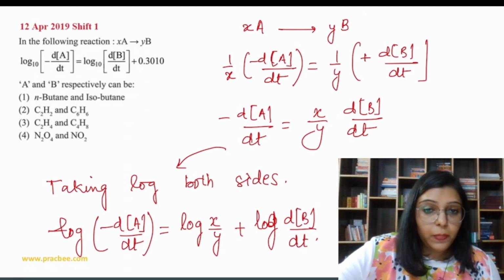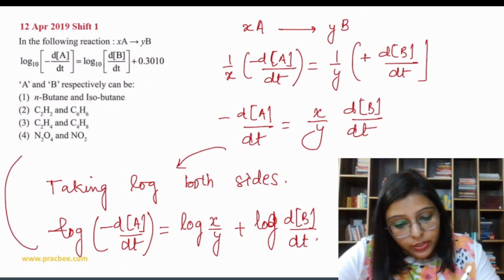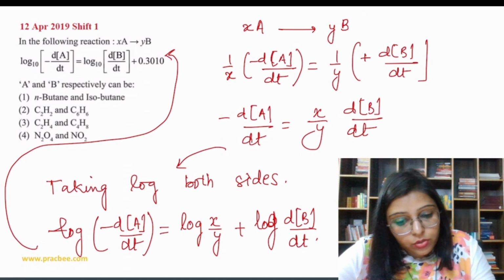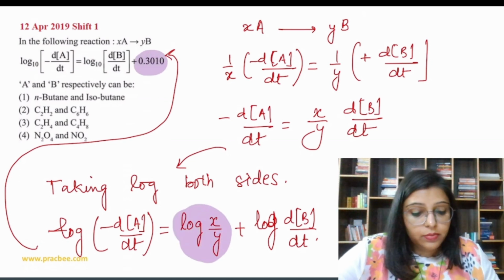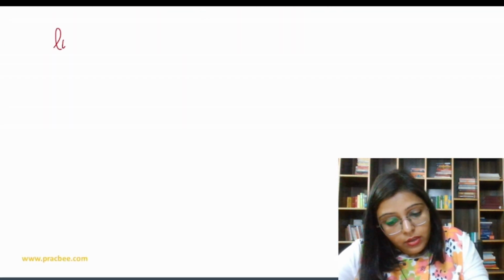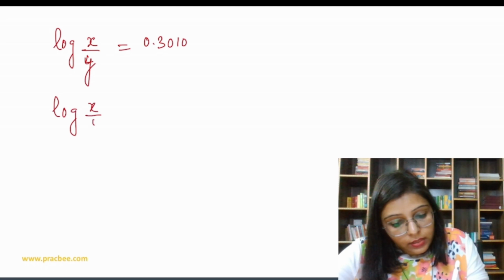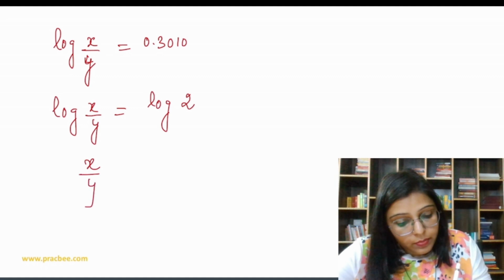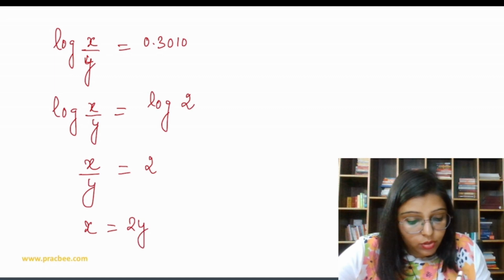Now, if I compare this equation with the given equation, we can say 0.3010 is equal to log x by y. So log x upon y is equal to 0.3010. We know that 0.3010 is the value of log 2. So we can say x upon y is equal to 2, or x is equal to 2 times y.